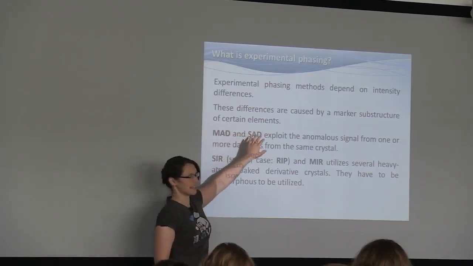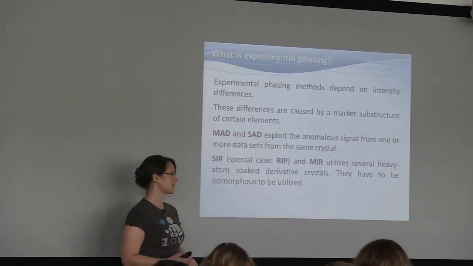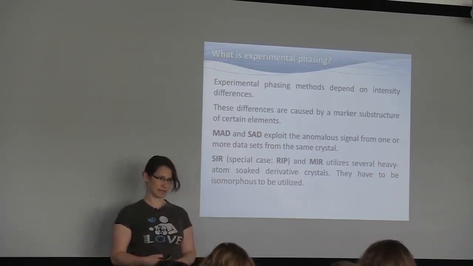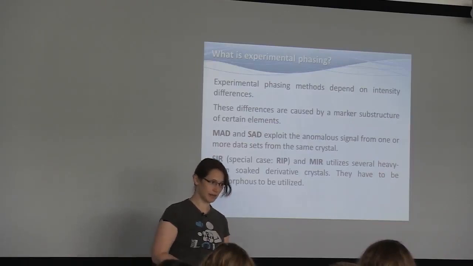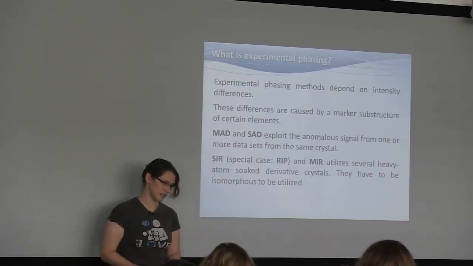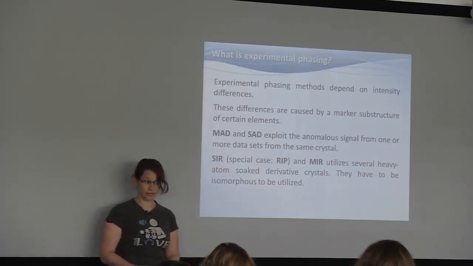These are of certain elements. MAD and SAD methods exploit the anomalous signal from one or more data sets of the same crystal. SIR and MIR methods use the difference in reflections between crystals that have incorporated or not incorporated a heavy atom species.